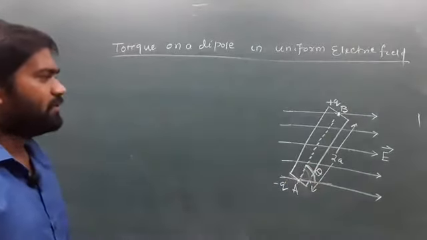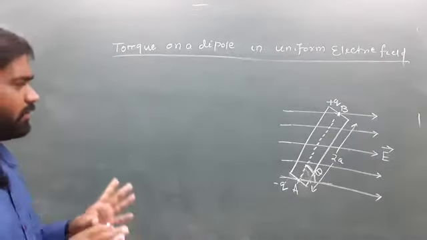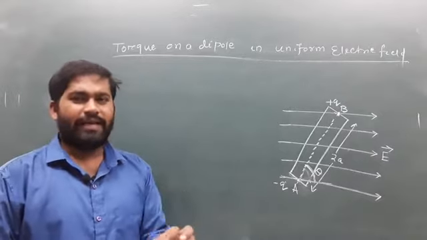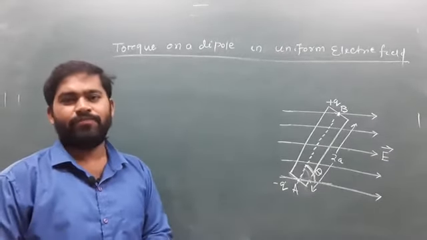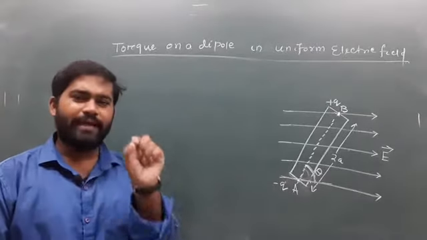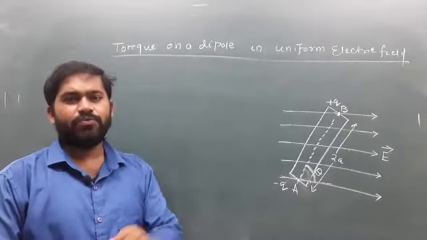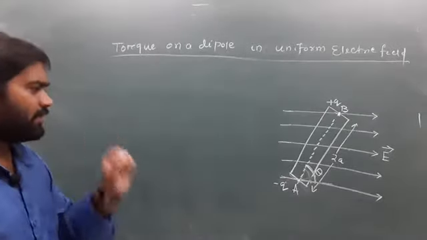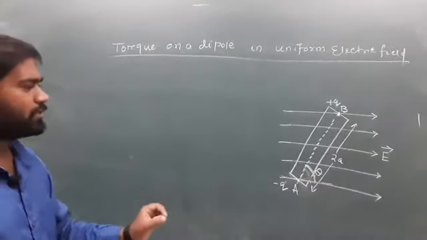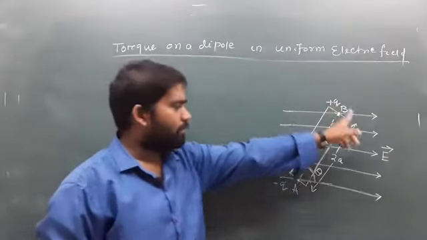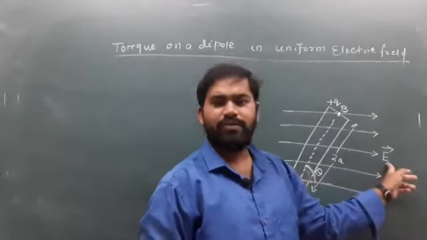When we measure the force, as we already discussed, when a charged particle enters an electric field, it experiences some force. So let us measure the force acting on plus Q and minus Q because of the electric field E.